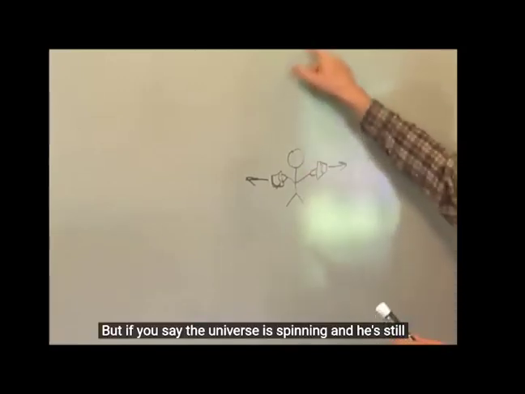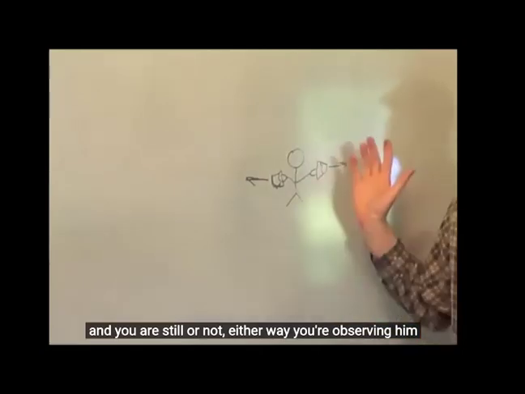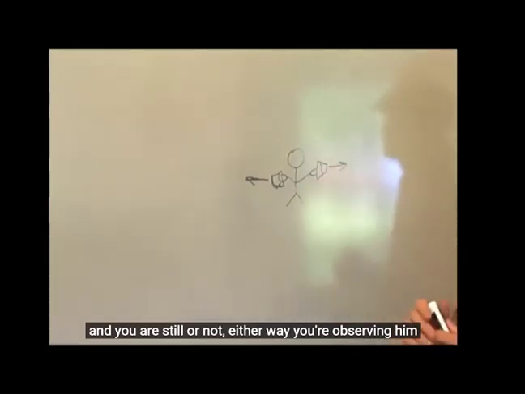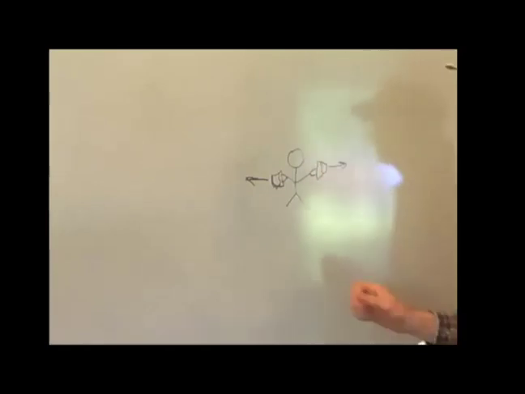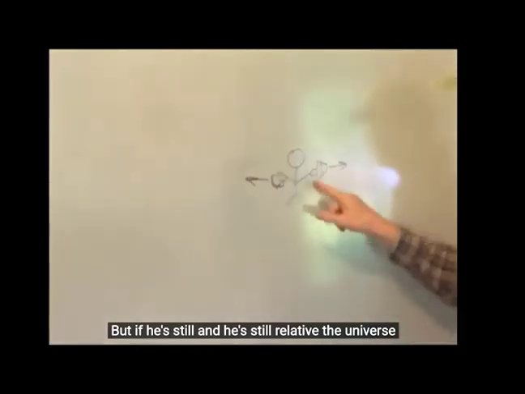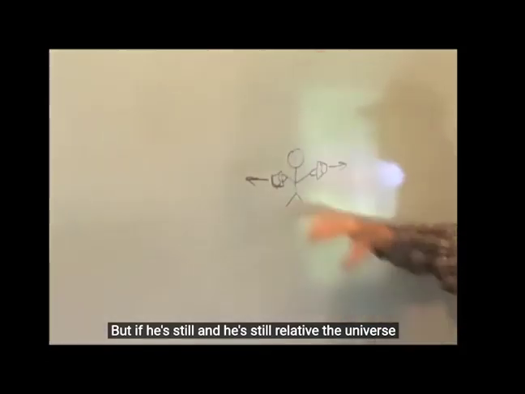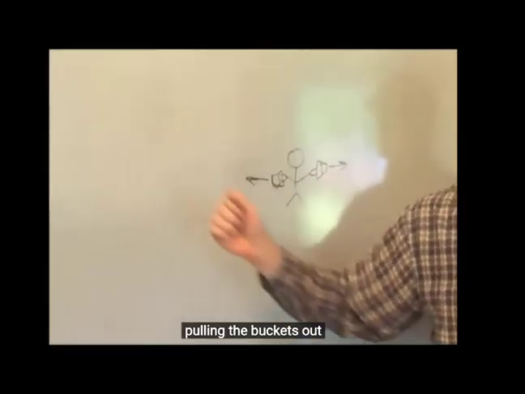But if you say the universe is spinning and he's still, and you are still or not, either way, if he appears to be still and the universe spinning, that force is pulling him out. But if he's still relative to the universe, there's no force pulling the buckets out.